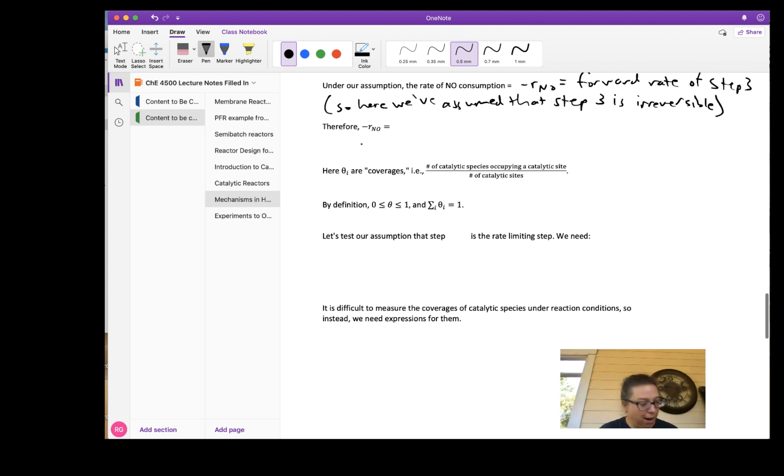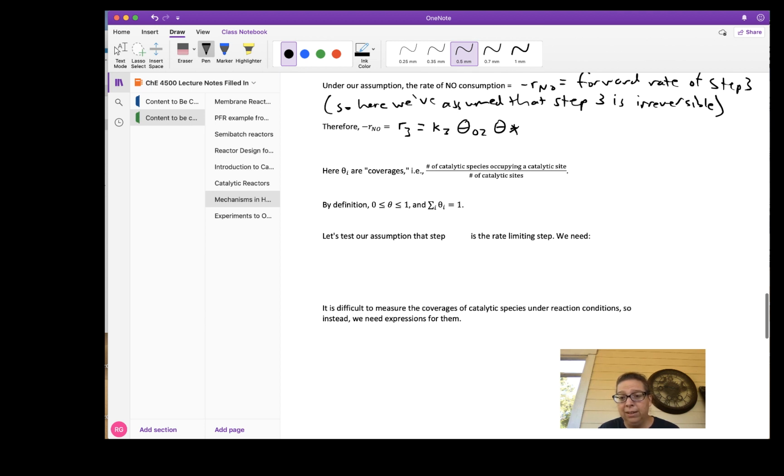So therefore, the rate of NO consumption is going to be equal to R3, which is equal to K3. And this is K3 forward, but since I'm dropping the reverse, I'm just going to call it K3, times the coverage of O2 times the free site coverage. So here the thetas denote coverages. A coverage is basically like a concentration, but for a surface. So instead of the number of molecules in a volume, it's the number of molecules covering a surface area.